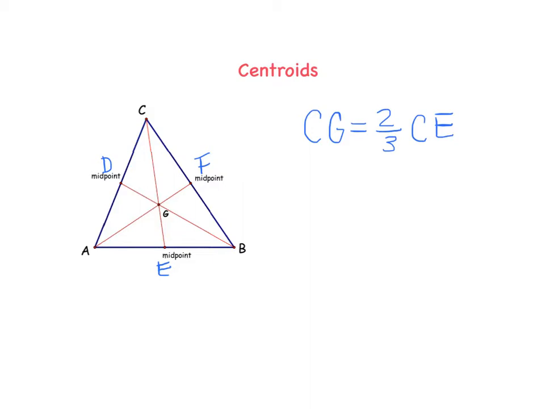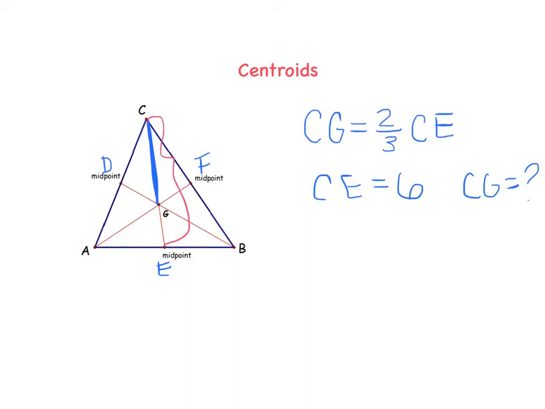So let's do an example. Let's say that CG was equal to 6. No, sorry, CE was equal to 6. And we want to find CG. So we want to know this segment that is here when we know the segment that goes the entire length.